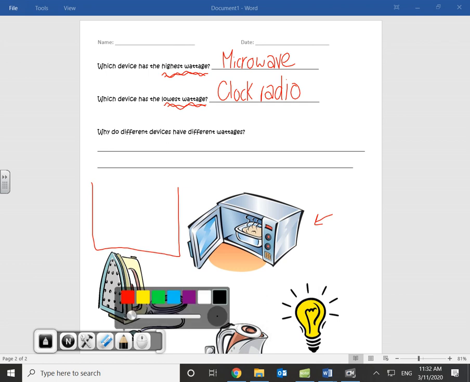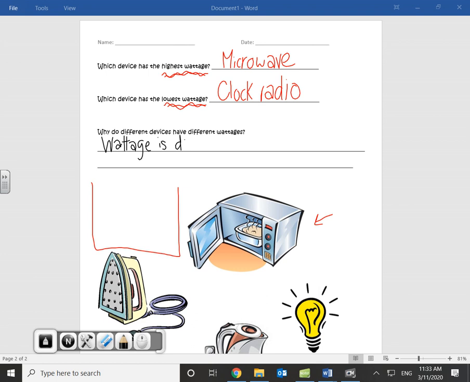Whoops, get that pen out, proper color. Wattage is different for different purposes.